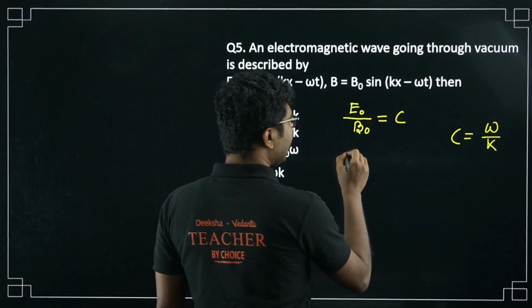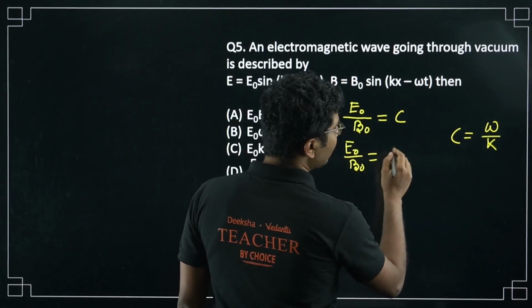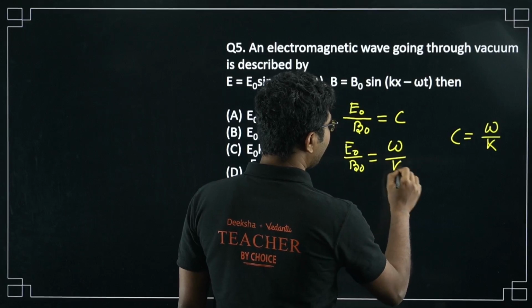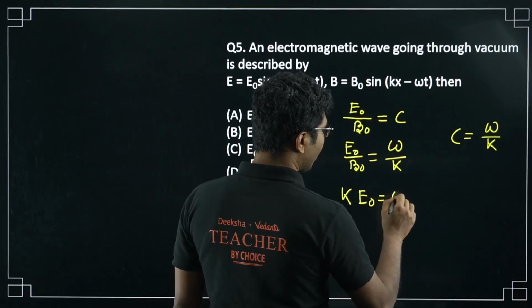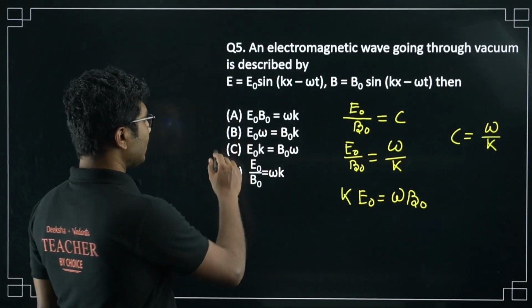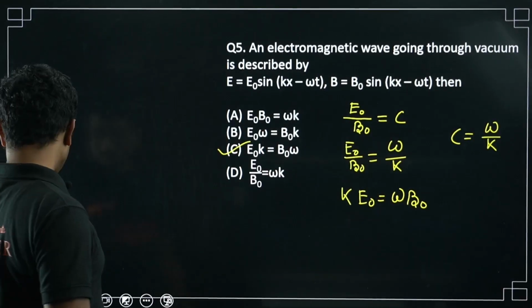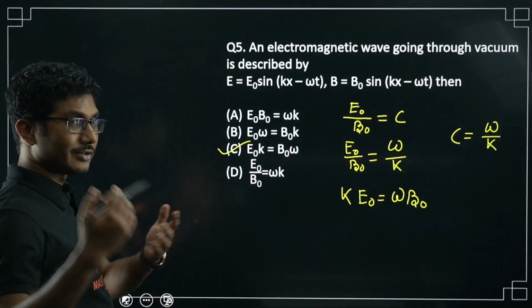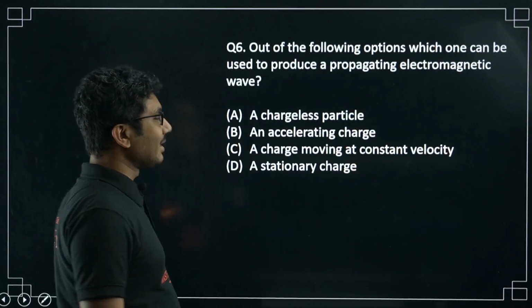So now put E naught by B naught equals omega by k. Now do the cross multiplication: k E naught equals omega B naught. So the correct answer is option C. This is one of the trickiest of all the questions that I have selected for today. Other questions are slightly straightforward.